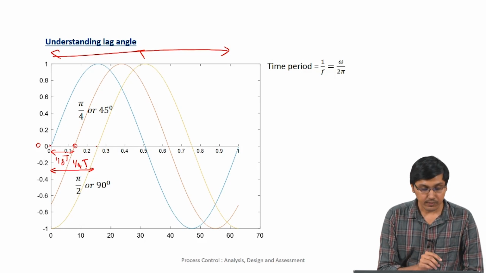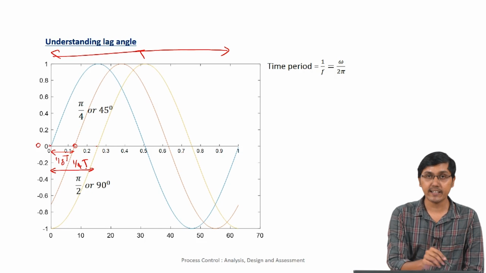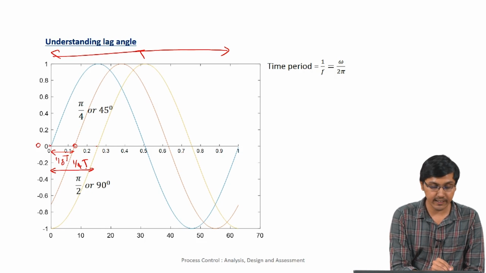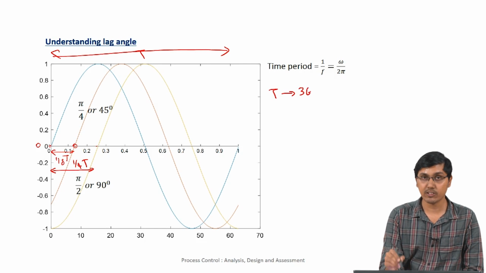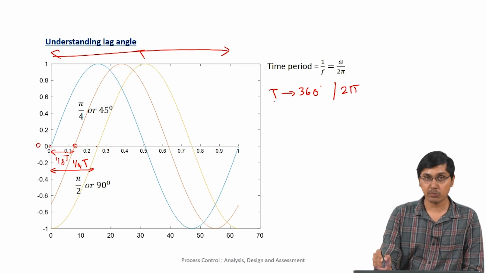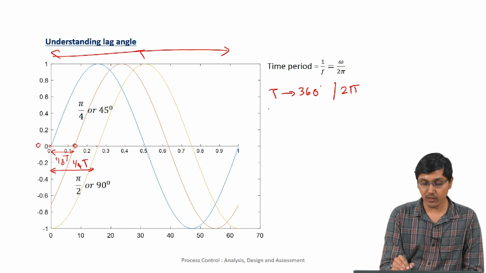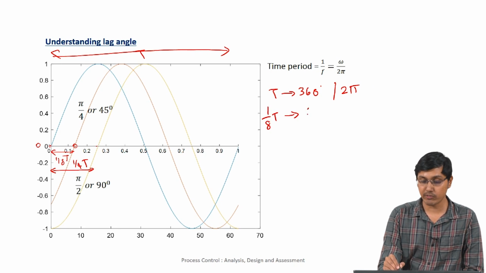One way to measure this is in terms of angle. If the total time period T corresponds to 360 degrees, which we normally take for a sine wave, or 2 pi in radians, then 1/8 of T will correspond to 45 degrees, or pi/4, and 1/4 of the time period we will say is 90 degrees, or pi/2.